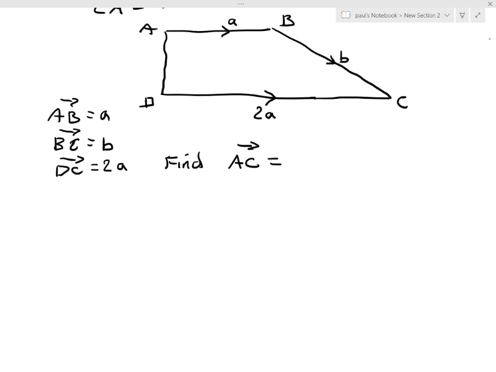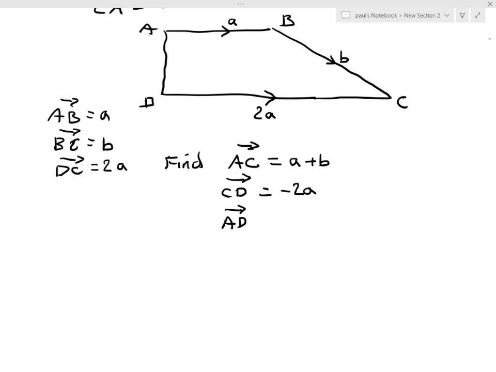We start at A, we go along A and down this B. So from A to C will be A plus B. And C to D is backwards along this one, so it's against the arrow, so it will be minus 2A. And A to D.